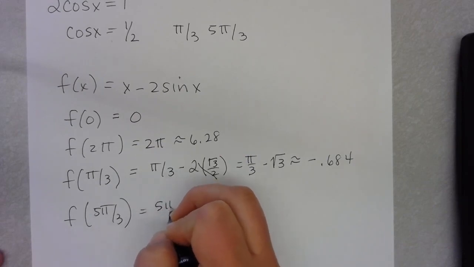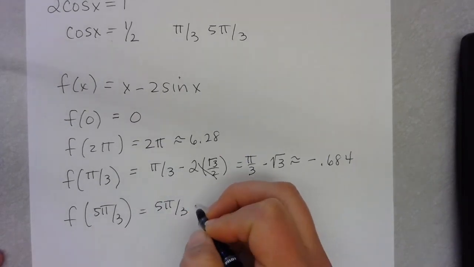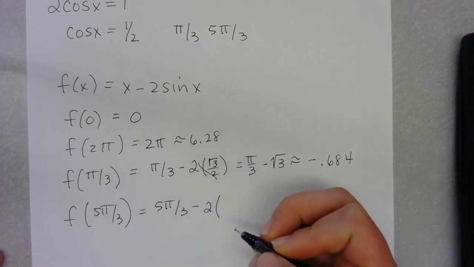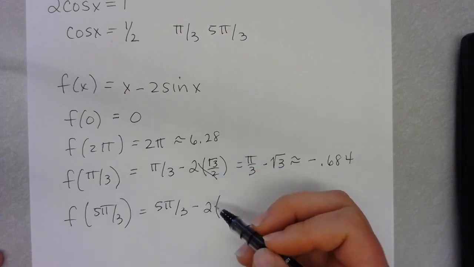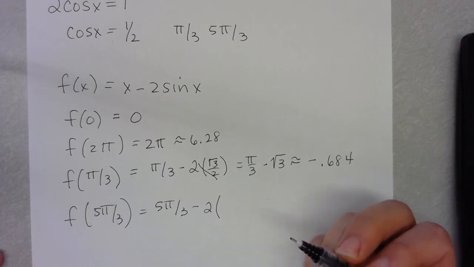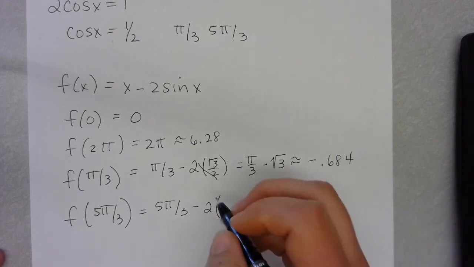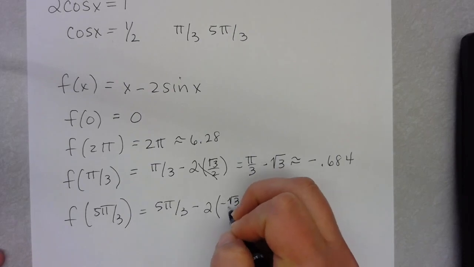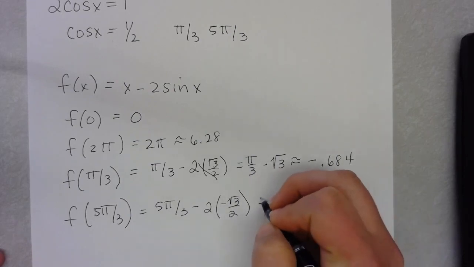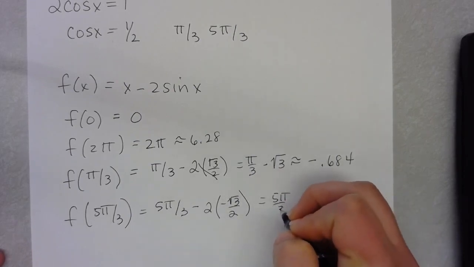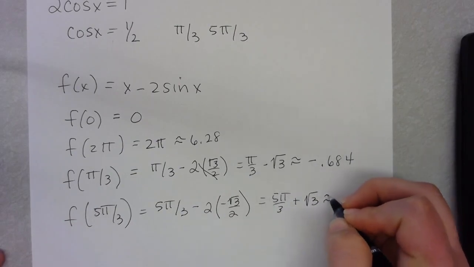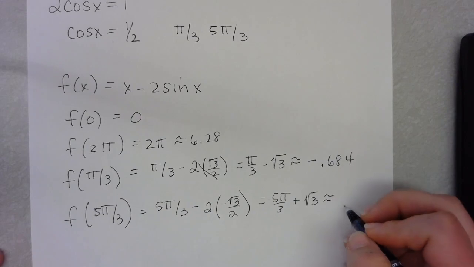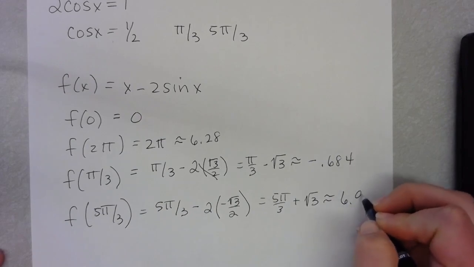So we get 5 pi over 3, and then minus 2 times, this time, my sine of 5 pi over 3 is negative. So this will be negative square root of 3 over 2. So this ends up being 5 pi over 3 plus the square root of 3, which when I approximate this one, it is approximately 6.97.